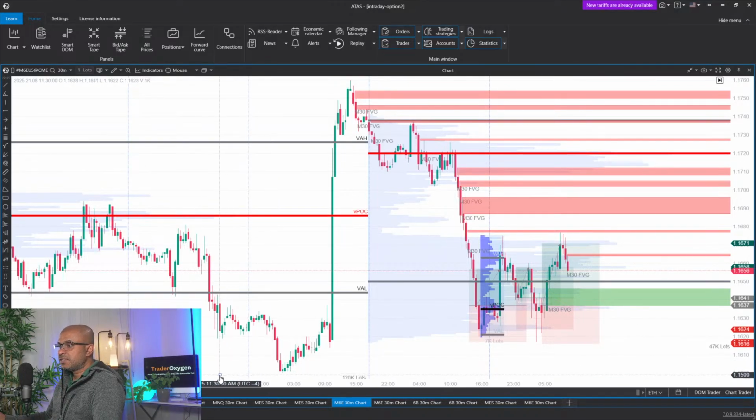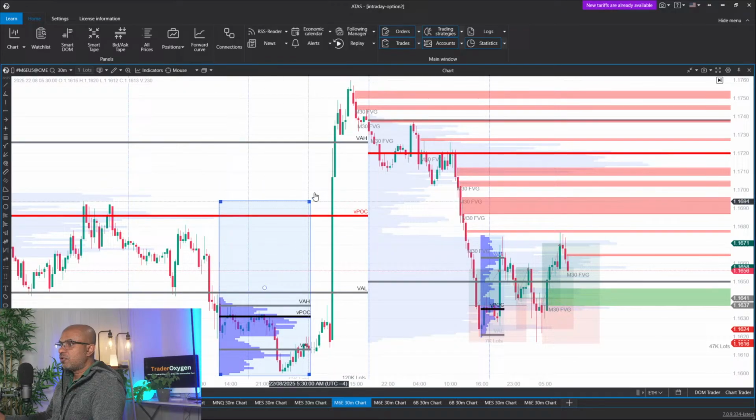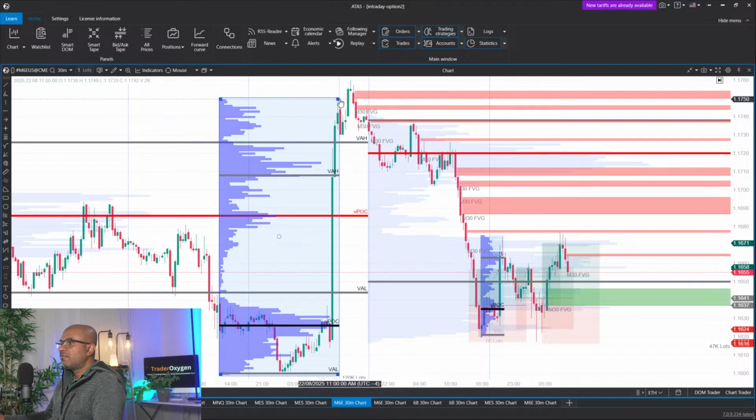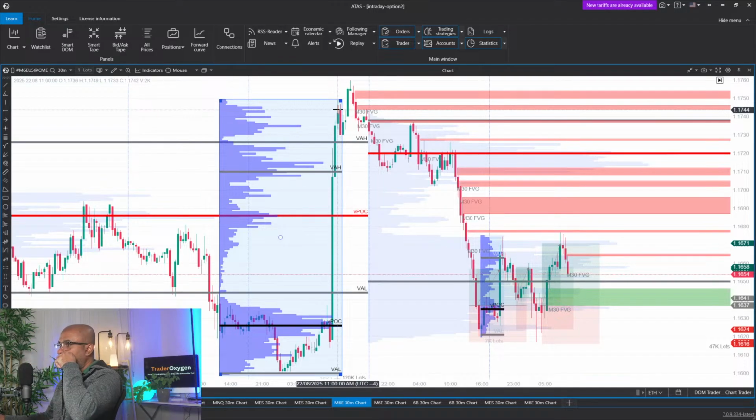So basically what you do is you cover that area and draw the profile to the price leg, to the price swing over here. That's where you can see the volume build up.